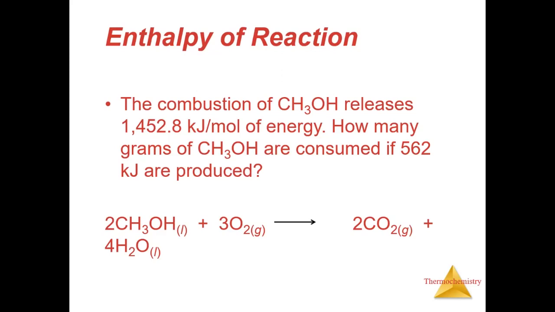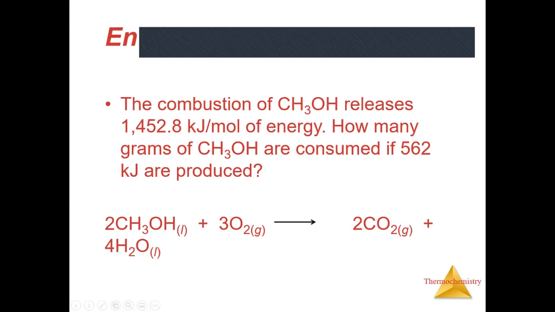Reverse it, David. Oh, okay. Right, because if you do it the other way around, it cancels out. If you take the 562 kilojoules and divide it by the 1452.8 kilojoules per mole, that will give you moles, won't it? Mm-hmm. But you also have to realize, in order for it to give me 1452, I have to have 2 moles of that.